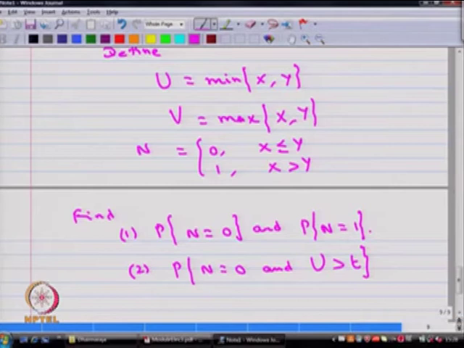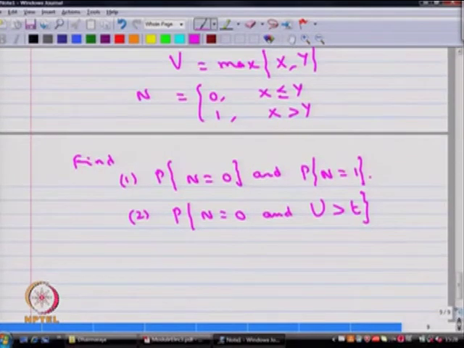So, let us go for finding the second one first, then we will find out the probability of N equal to 0 and the probability of N equal to 1. So, let us start with the second first.